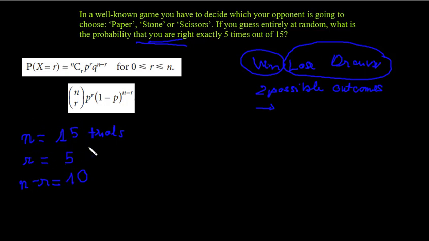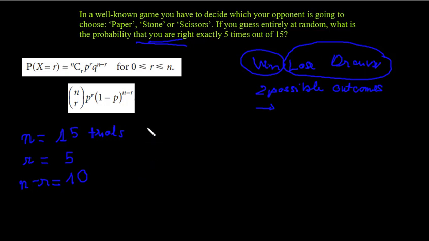So r means the number of times you succeed, and n minus r equals the number of times you fail to get it right, because we only have 2 possible outcomes. If the total number of times you do is 15 and the number of times you succeed is 5, the number of times you fail, meaning you lose or draw, is n minus r, equal to 15 minus 5 equal to 10. 10 times you will fail.